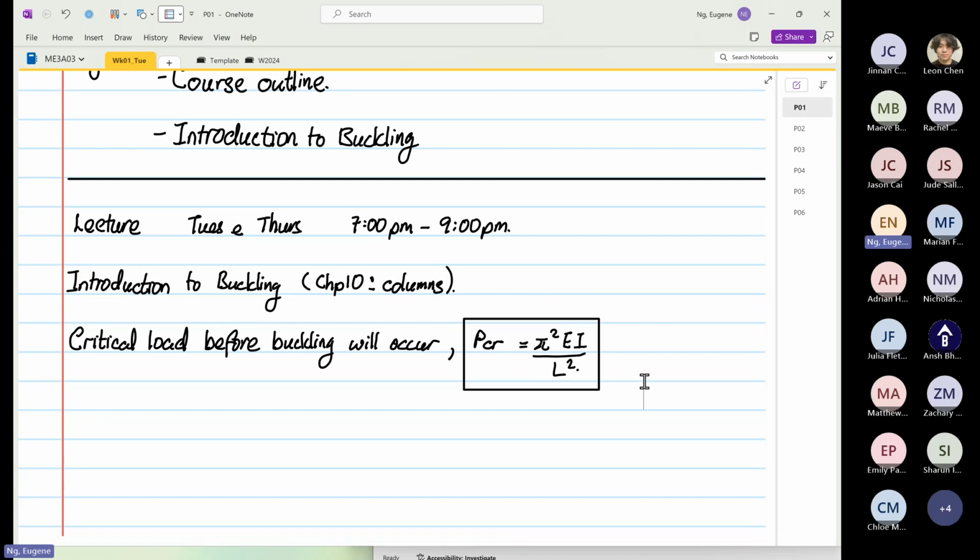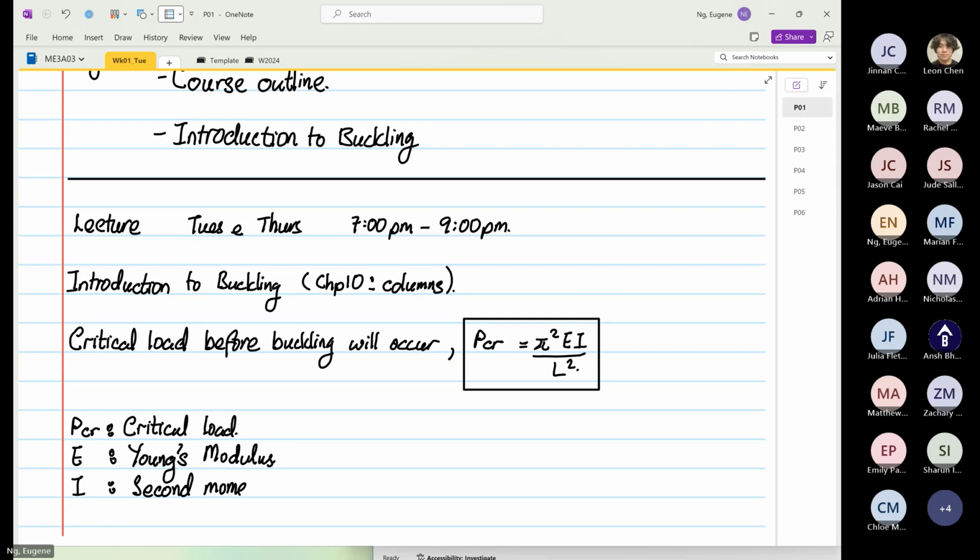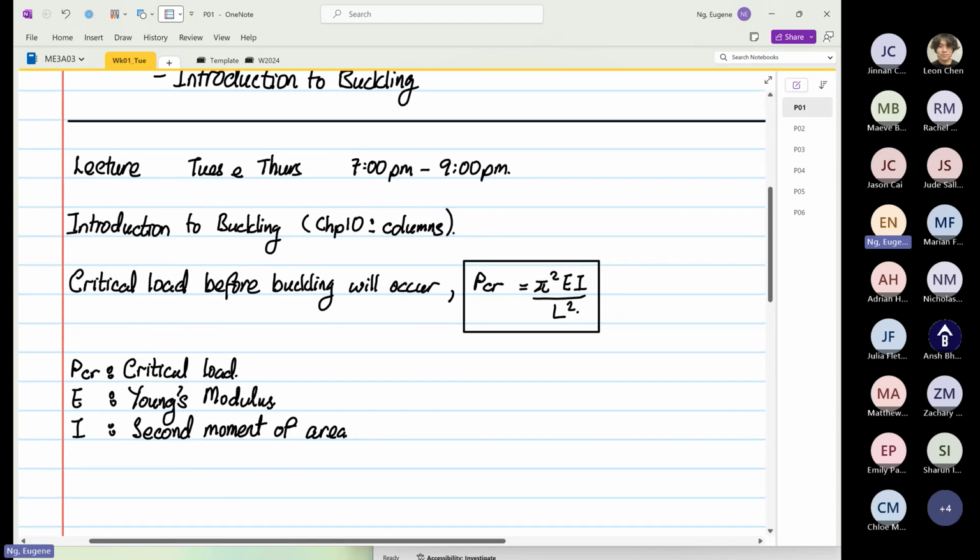Let me define what the terms are. PCR, as you all know, is the critical load. E is Young's modulus. I is the second moment of area. L is the length of the structure.